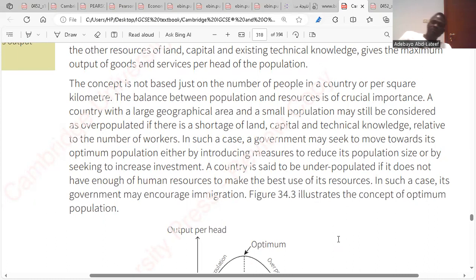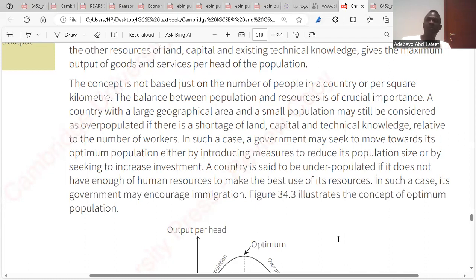So a country might have a lower population, but because it does not have enough resources for that small population, it is still considered overpopulated. So overpopulation means that the resources available are not enough for the population. Is it clear? Yes.